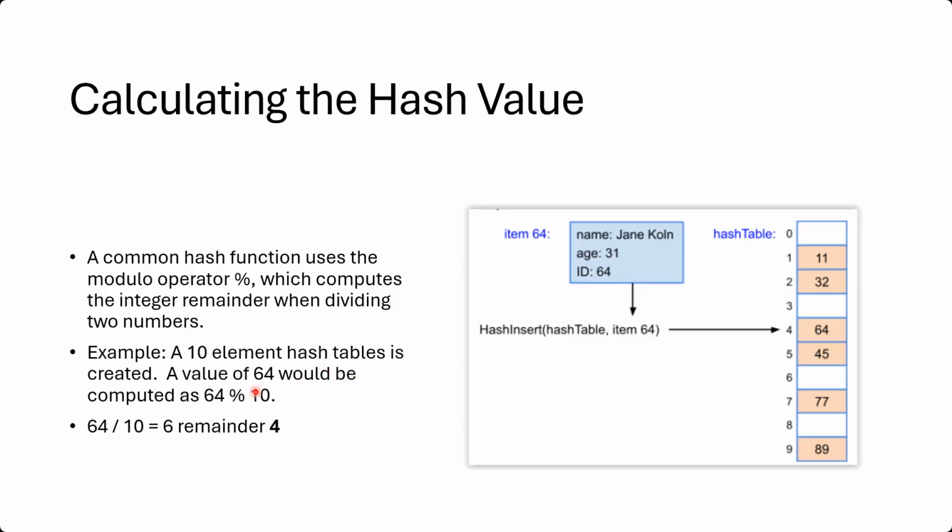It takes us that blip of time. It's not going to get any more complex as we add things to it. So we calculate that, and we drop it into the bucket. When we're searching for it, same thing. We said 64 modulo 10. Hey, we need to just look at bucket 4.